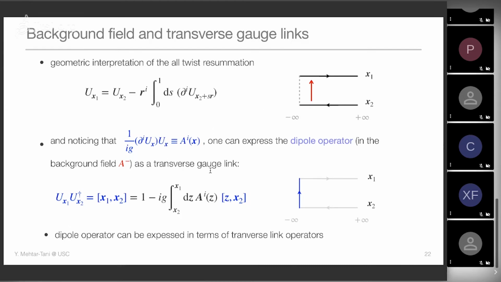So the dipole scattering amplitude that is made of two light-like Wilson lines in the plus direction can be completely rephrased in terms of a transverse gauge link that runs at x plus minus infinity, in the transverse plane. This allows a connection between the formulation in A minus equals 0 gauge and A plus equals 0 gauge.